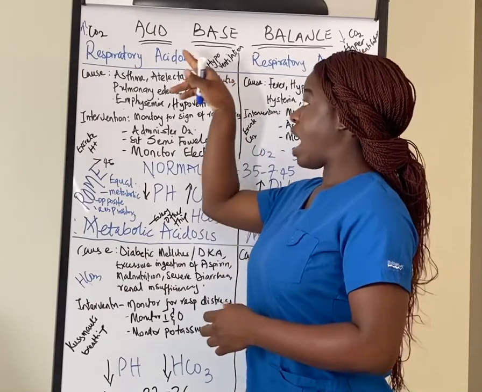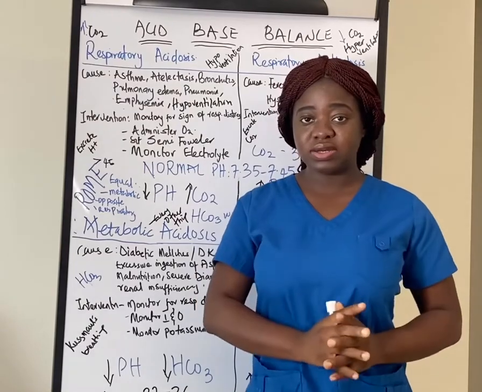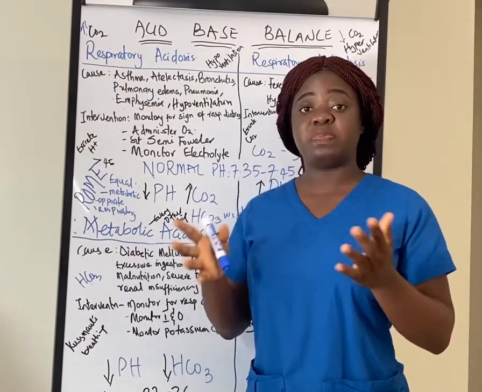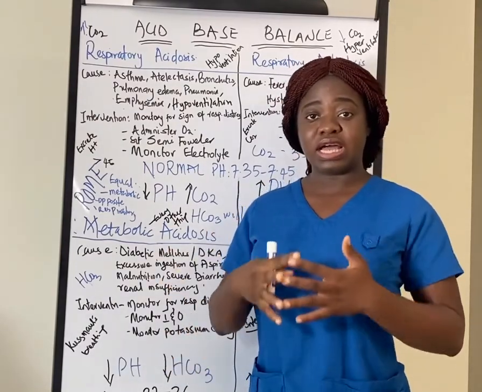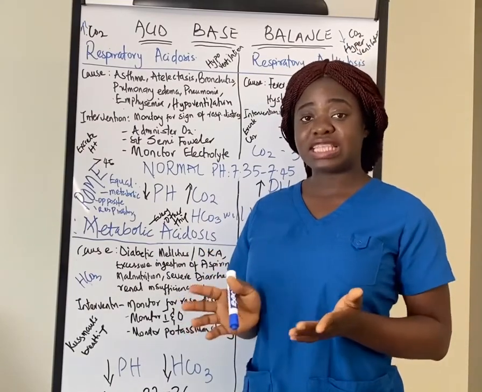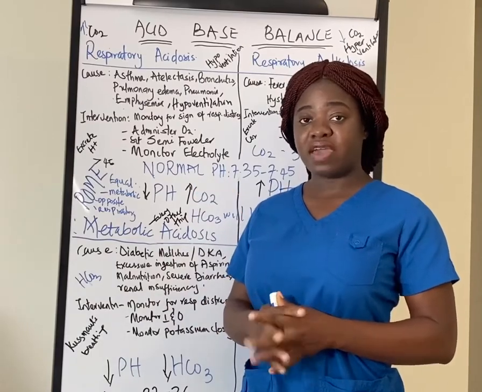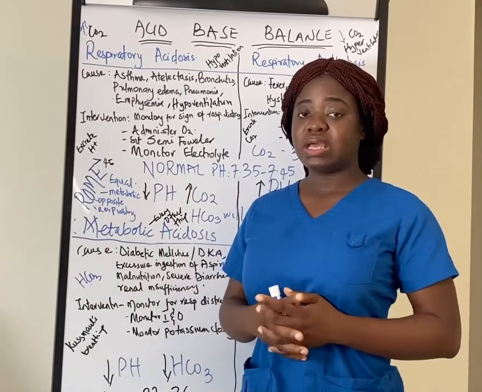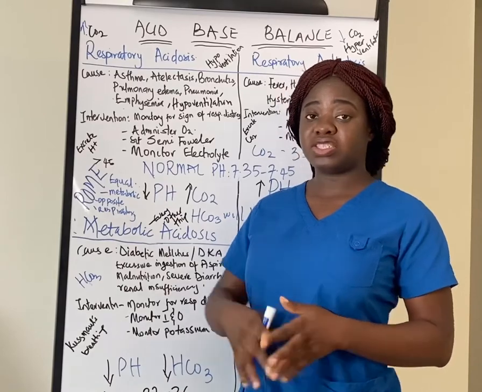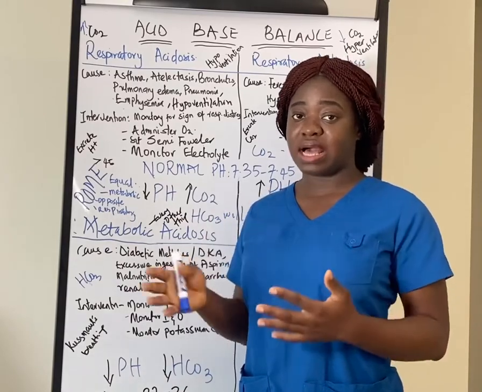The simple terms we need to know is that acidosis deals with the pH of the body, and alkalosis also deals with the pH of the body. When the pH is less than 7.35, we have the acid, and when the pH is greater than 7.45, we have the base, that's the alkalosis.